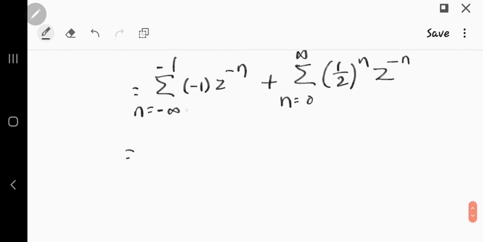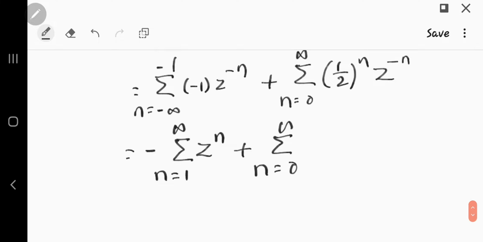Next thing, this minus I'll just take it out here, and I'll interchange the summation. So n is equal to 1 to infinity z to the power of plus n plus summation n is equal to 0 to infinity 1 by 2 z inverse whole to the power of n here.